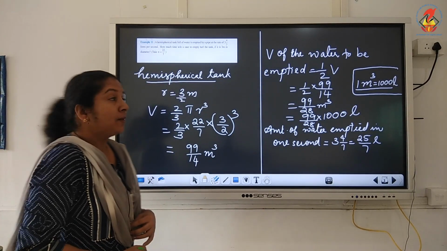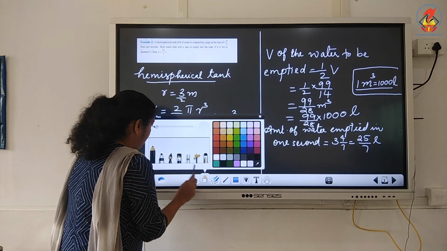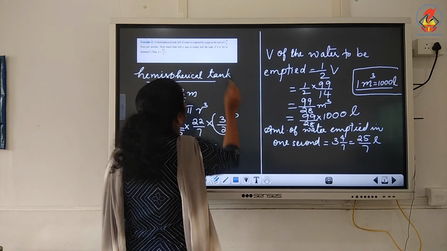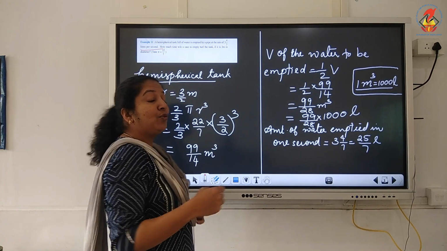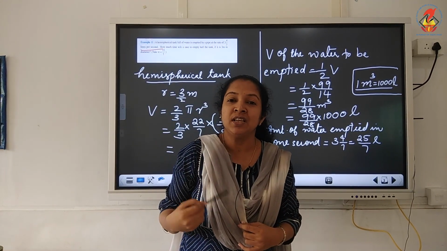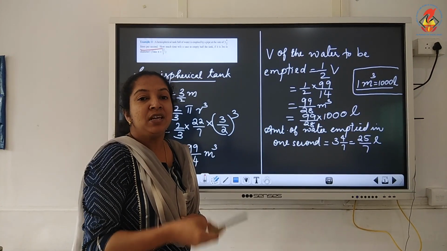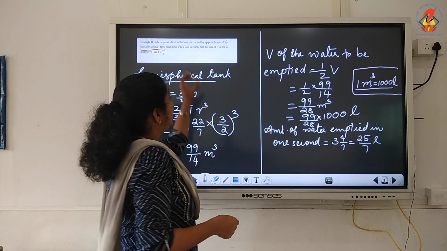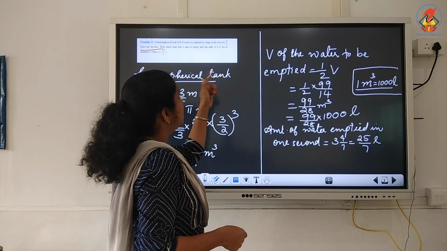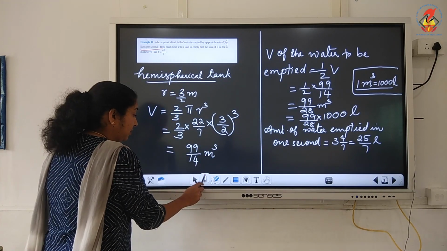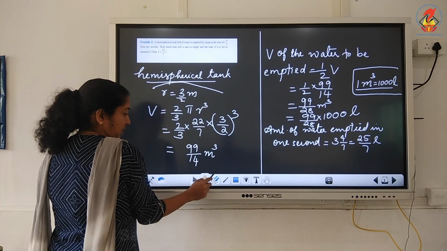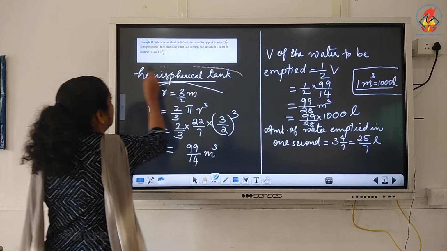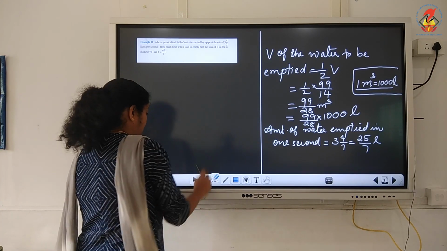So, what is given is 3 4/7 liters per second. What we have to find is how much time is needed to empty half of that. So, 3 4/7 liters means how many liters? You have to make it an improper fraction.